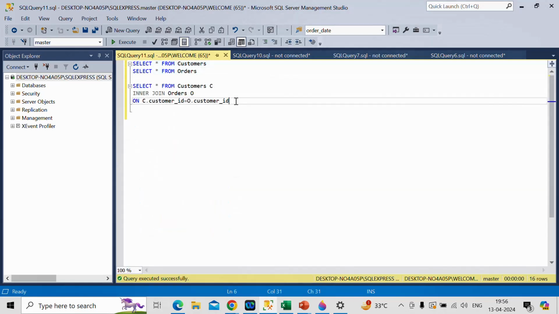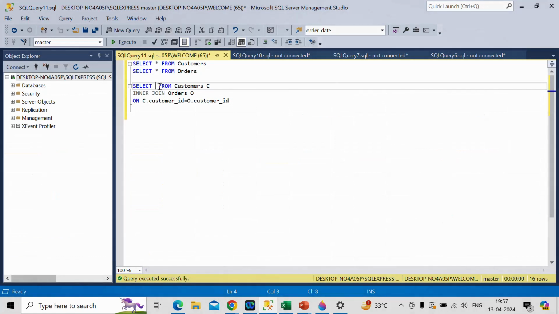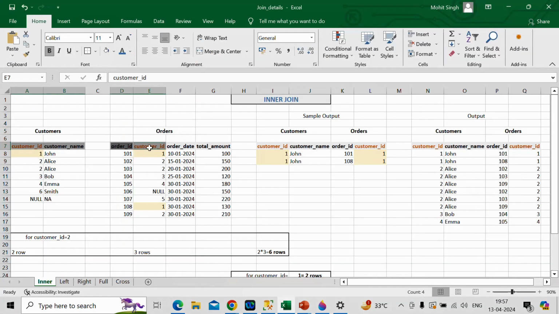Now we only want these two columns plus these two columns, which means all columns from the customers table and these two columns from the orders table. So I'll write C dot customer ID, C dot customer name, and we want these two columns from the orders table.